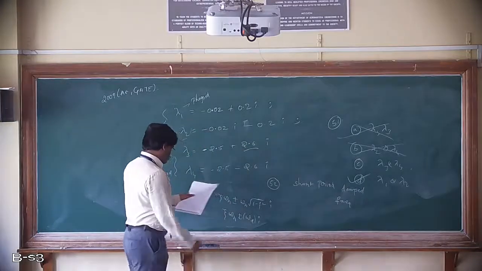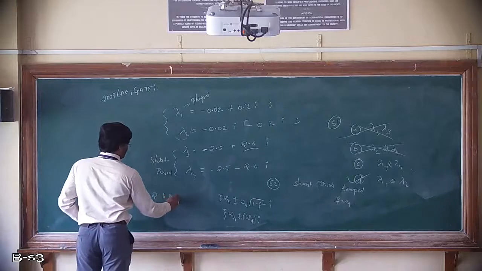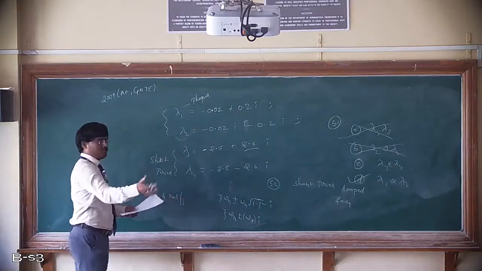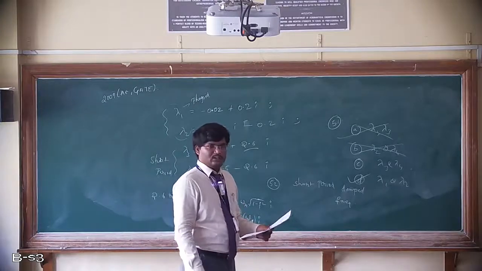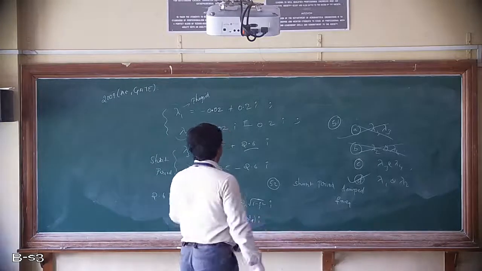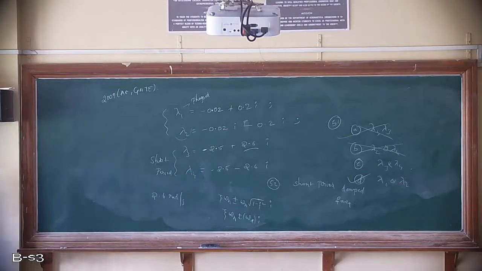So here, this one represents the short period. The damped frequency is nothing but the imaginary part, 2.6. So the answer is 2.6 radians per second.